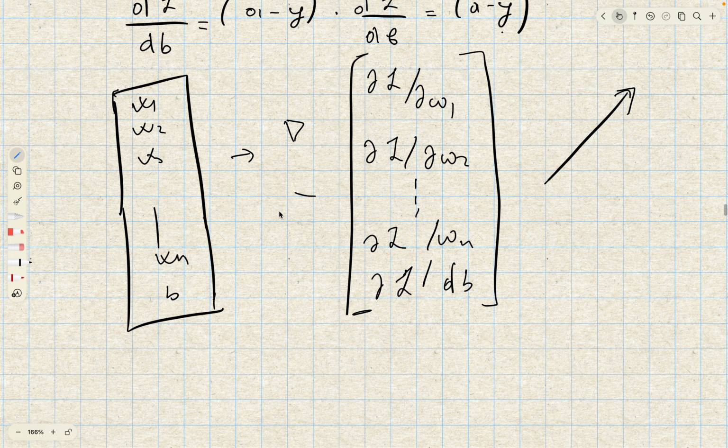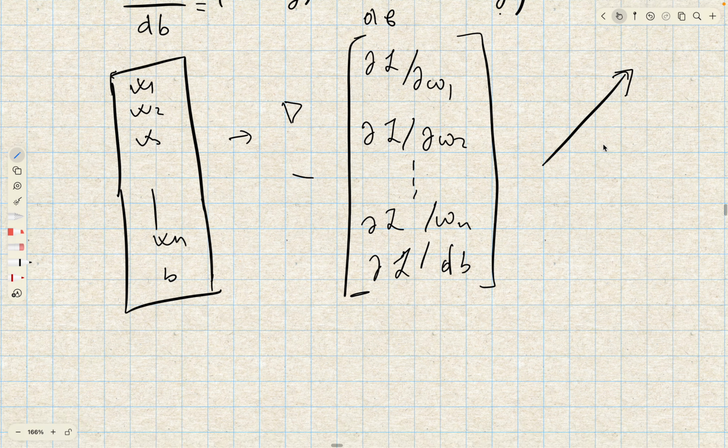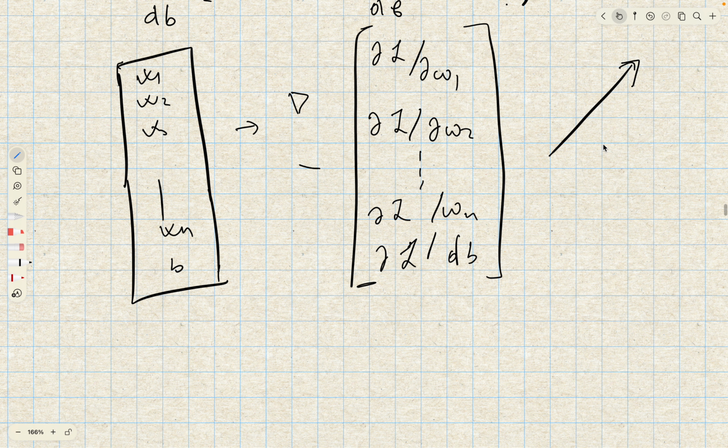Because we're trying to reach the minimum point, we have to find the decreasing direction.